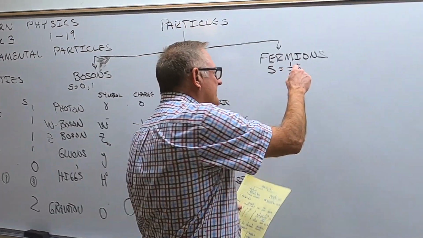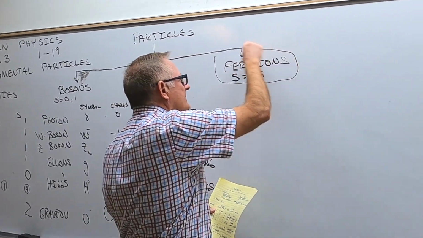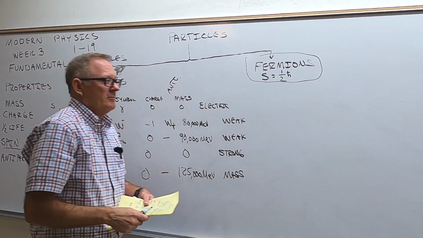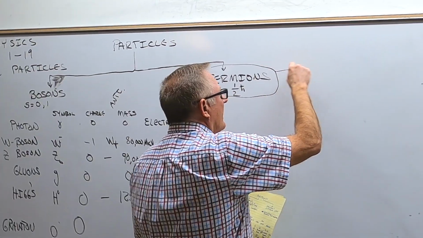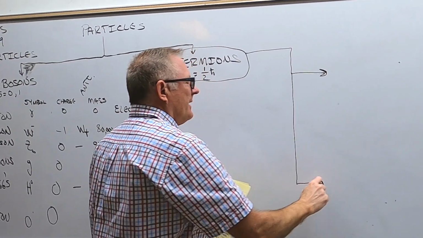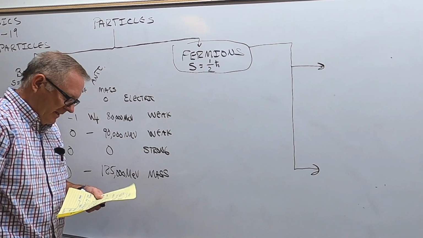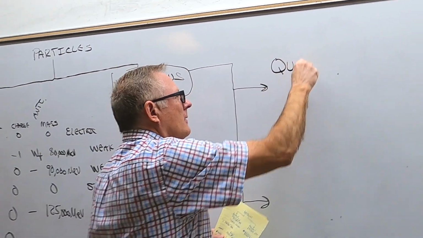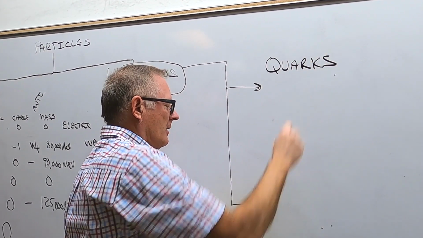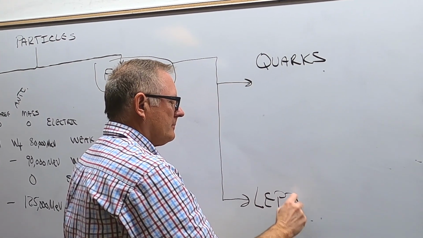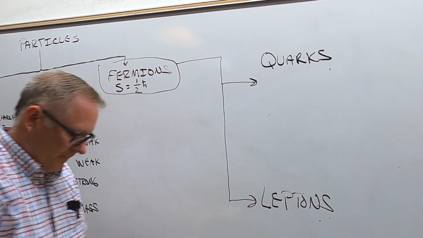Now, this other side can be broken up into 2 groups also. I'm going to write it out more like this. One group here, one group here. One of them is quarks, and the other one is leptons.